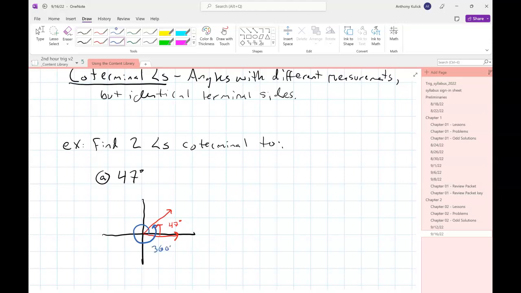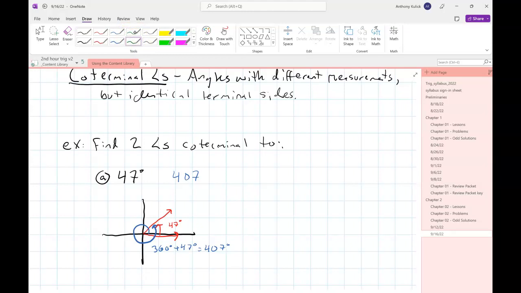Well, it'd be 360 for the full rotation, and then 47 degrees to get back to the terminal side in the same location. So 407. Everybody okay with that?